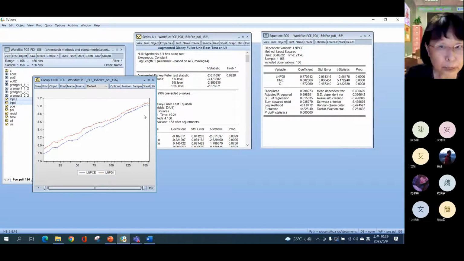With the result of co-integration, the point of this discussion is that not all time series regressions are spurious. But of course, we need to do the test formally.